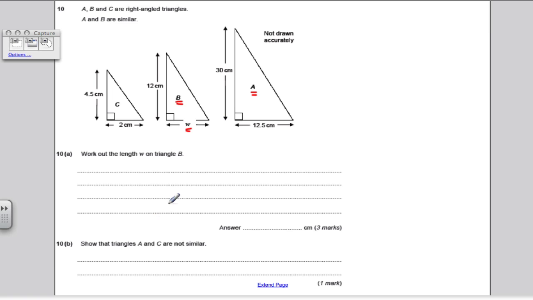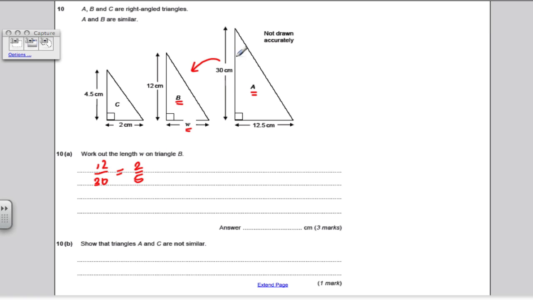Well, let's think. How would I get from B to A, or vice versa? Actually, let's go from A to B. If these sides are similar, then how would I get from A to B, the smaller one? Well, the ratio of the sides is 12 divided by 30, which is 2/5.